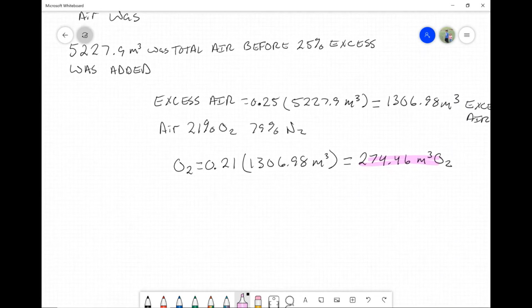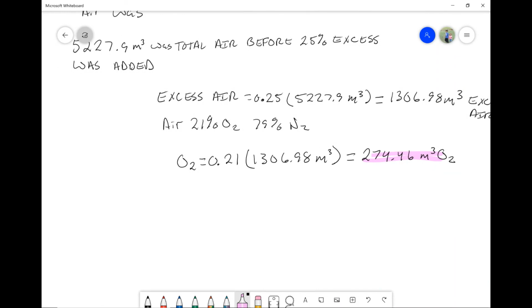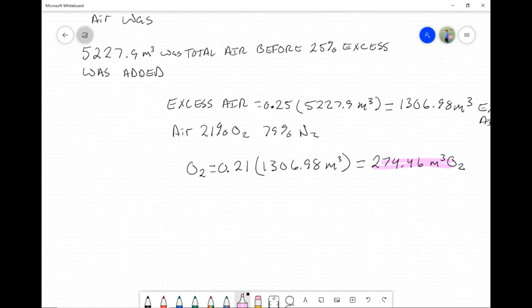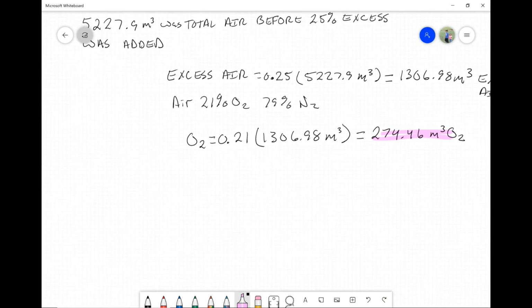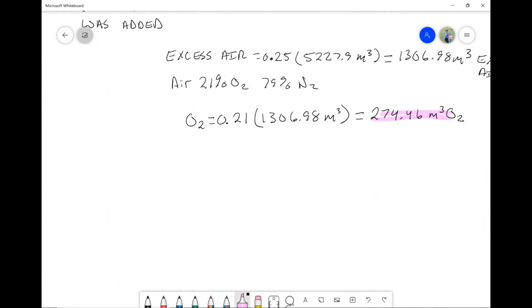All right. So total volume is just everything now, because they want to know the total volume, and then we have to bring that up to the conditions. Still a little bit of a way to go.